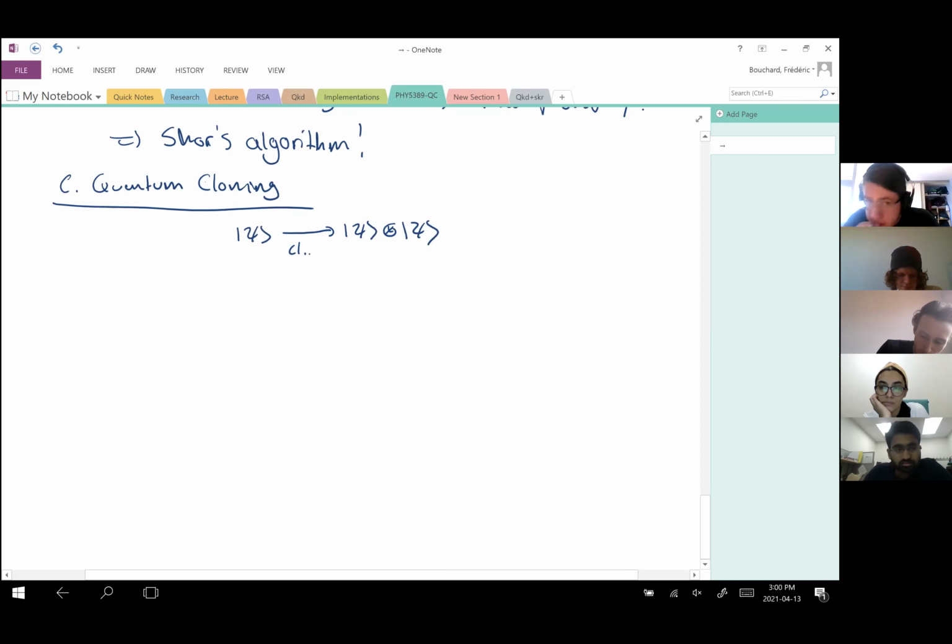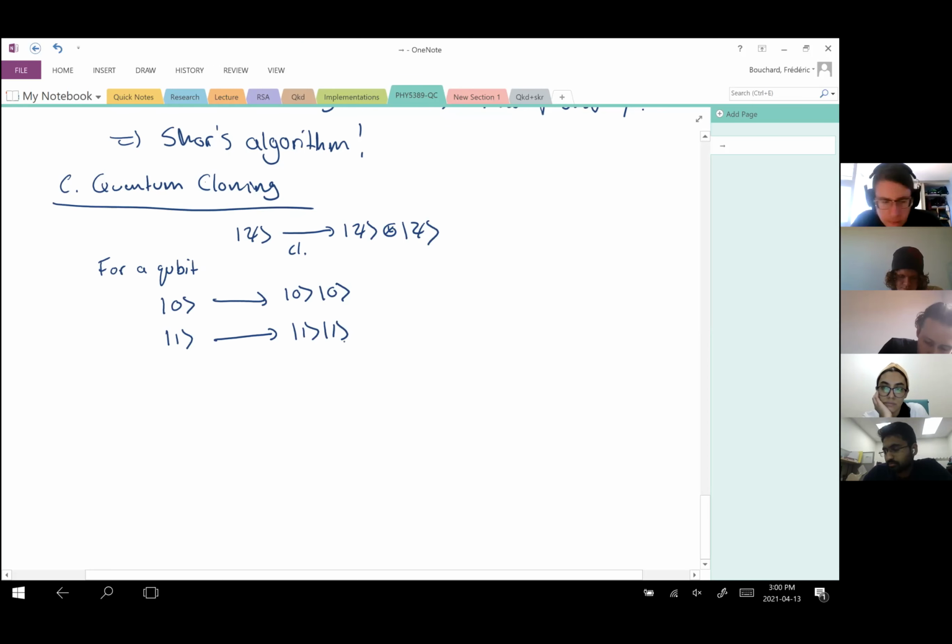And then the proof for the no cloning theorem is really simple, actually. So usually how it goes is you say, okay, if you pick a basis, let's say you're in the 0, 1 basis, cloning a 0 qubit would look like this. Cloning a 1 qubit would look like this. So far, so good. There's no reason why this couldn't be done.